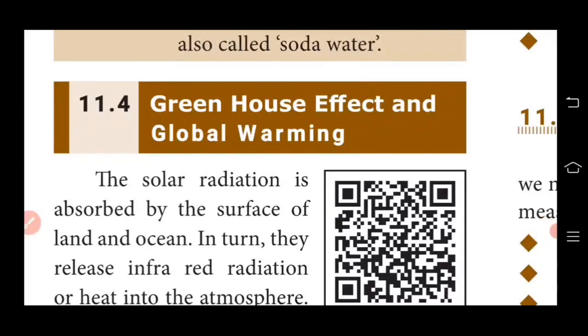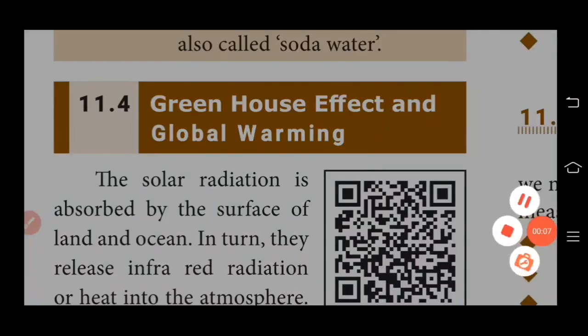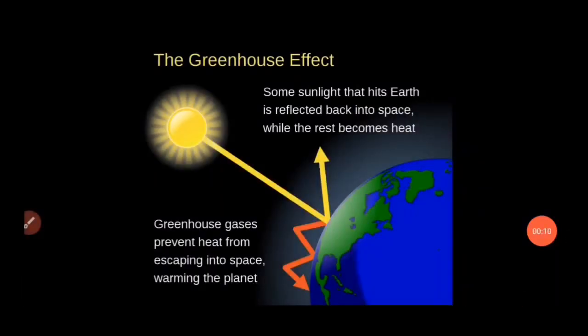Our fourth topic is 11.4 greenhouse effect and global warming. Students, the solar radiation is absorbed by the surface of land and ocean, and then they release infrared radiation, which is known as IR radiation or heat, into the atmosphere.